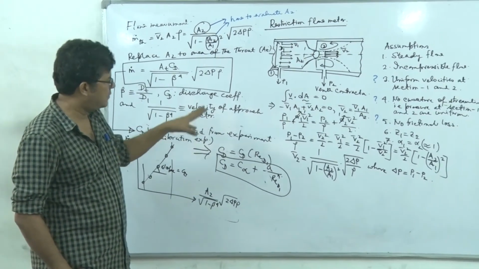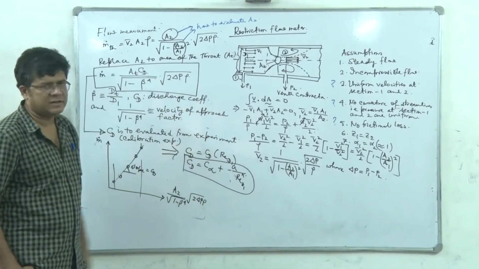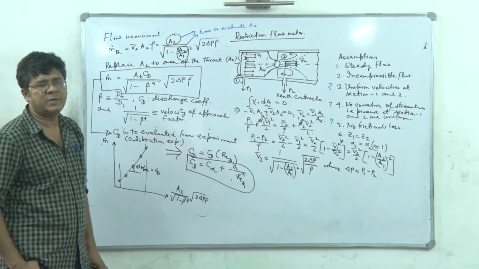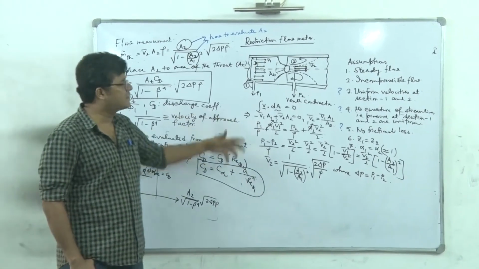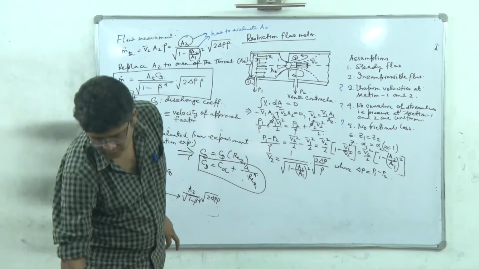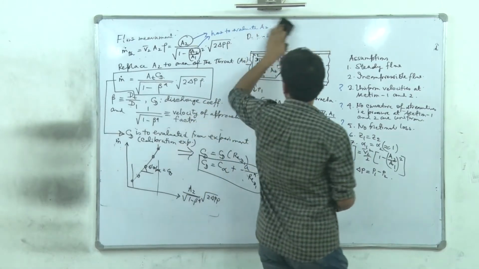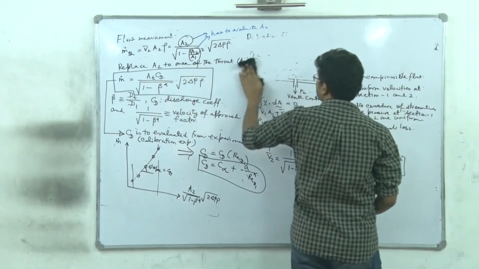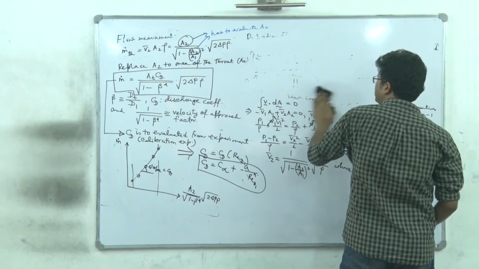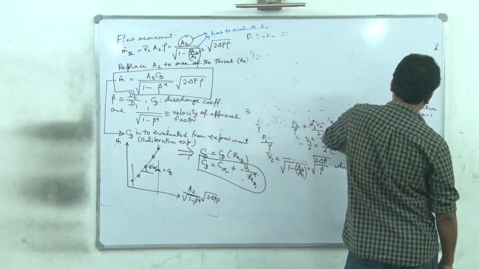So with that working formula and this variation of the discharge coefficient with Reynolds number, let's discuss the specific aspects of orifice and Venturi meters. So you see, there is some difference between these two structures.